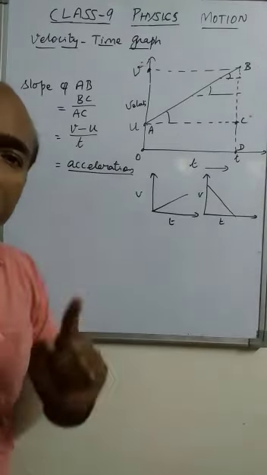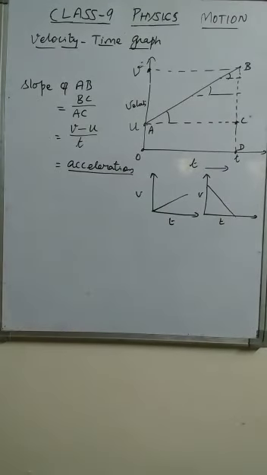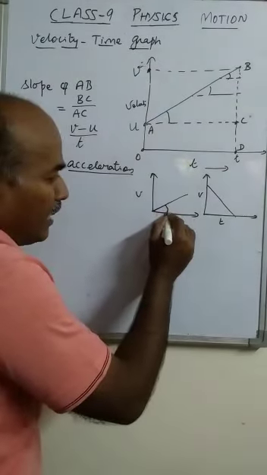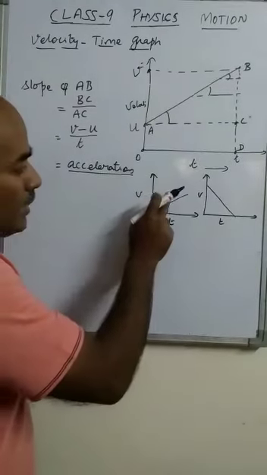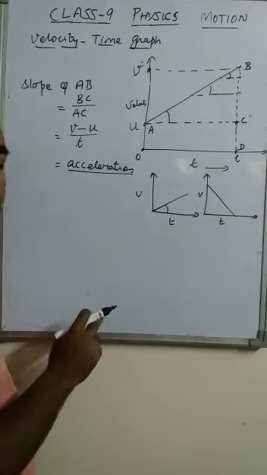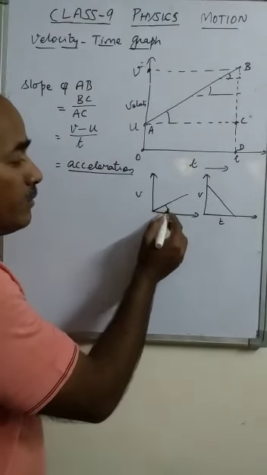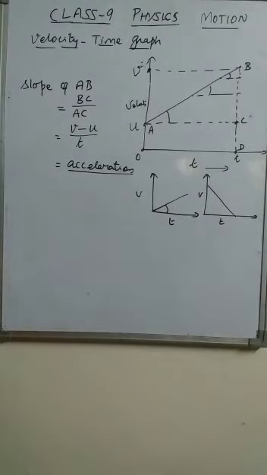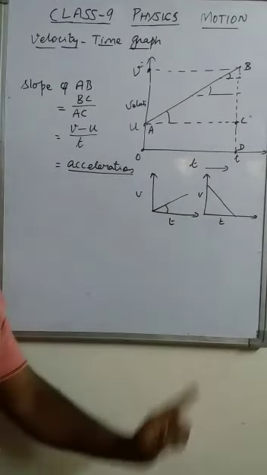This one represents it is in retardation, that is uniform retardation. From the graph we can say, this is the angle made by the graph with the time axis, with the positive time axis on the positive side. So the angle is acute.